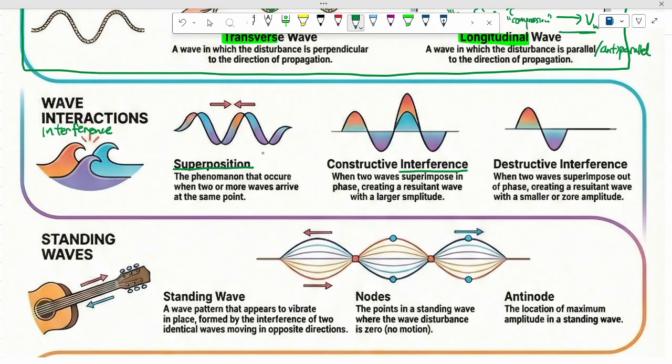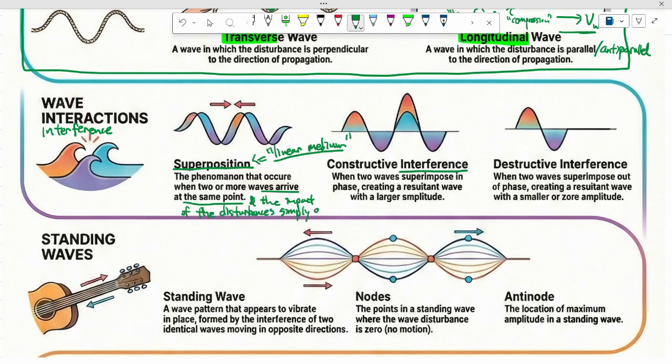So the superposition principle is a consequence of what's called a linear medium. It's a linear property of waves, and it actually happens in many other physical phenomena. When two or more waves arrive at the same point, according to the superposition principle, those two disturbances simply add.